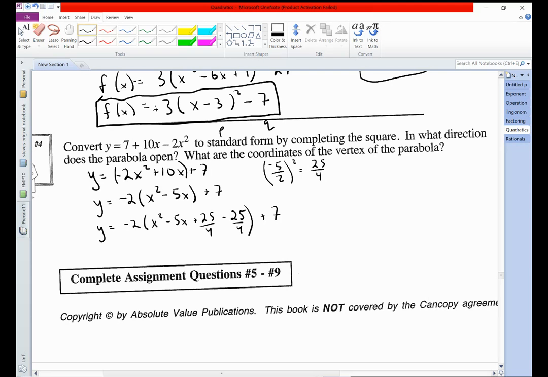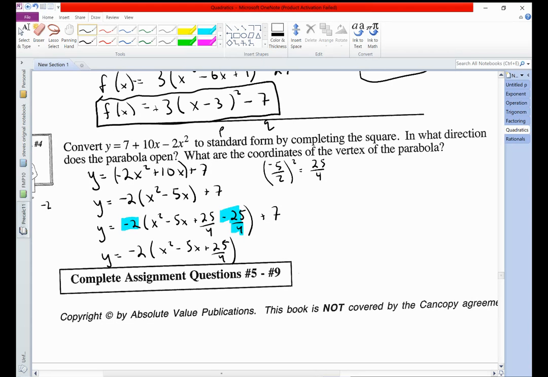And then I can remove this term out of the brackets. And when I do, I have to multiply by that A value. So I get y is equal to negative 2 times x squared minus 5x plus 25 over 4. And then this value is just negative 25 over 4.